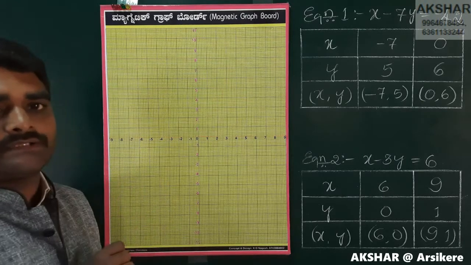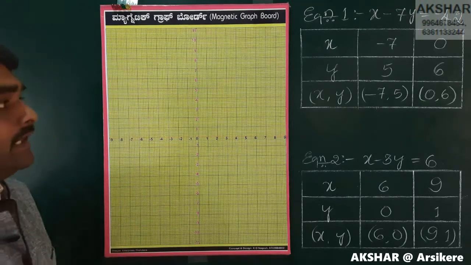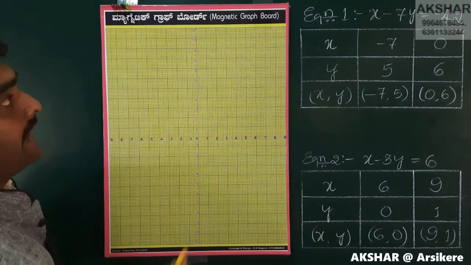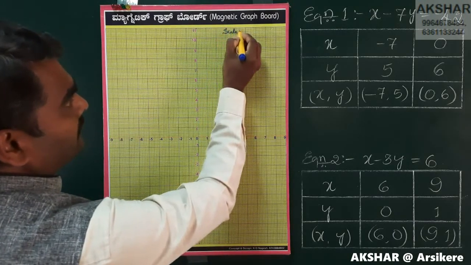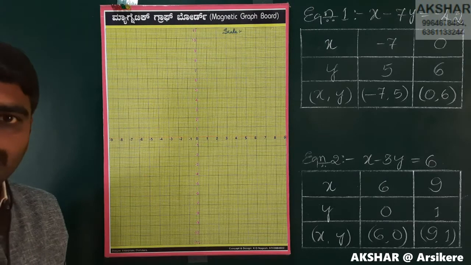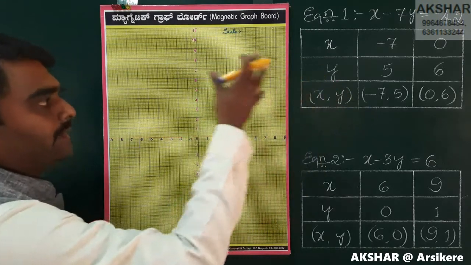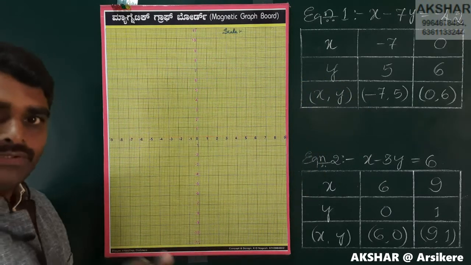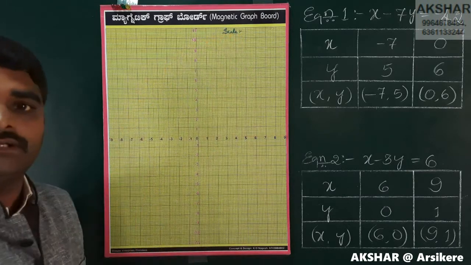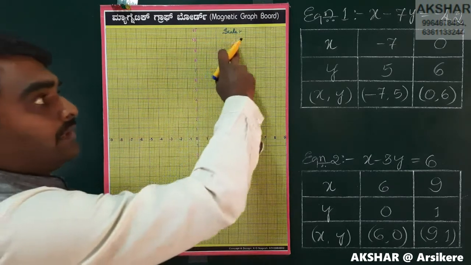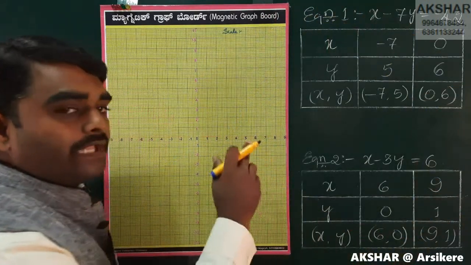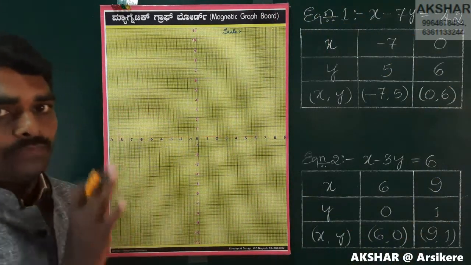Another one point is there, my dear children. Yes, another one is scale. Remember, in 9th standard also you have learnt about the scale, right? Before plotting the points on the graph, you should write the scale here. What will that be? That totally depends upon your equations and your problems.